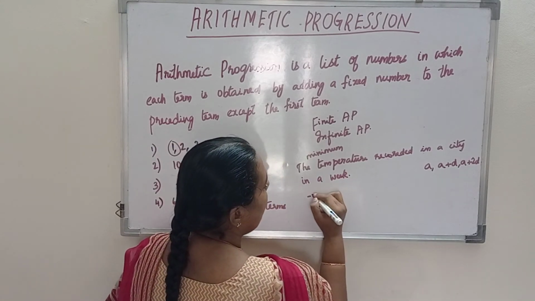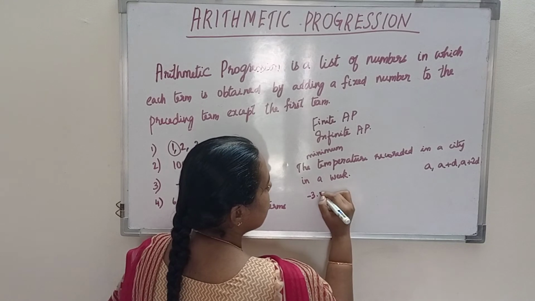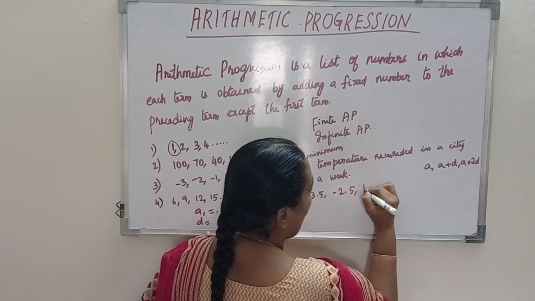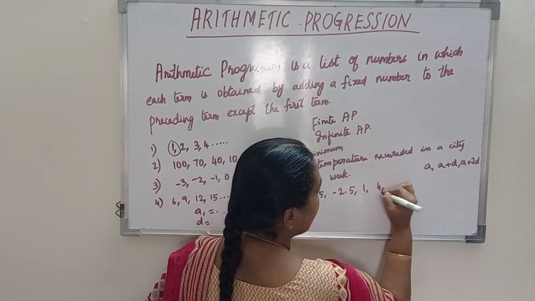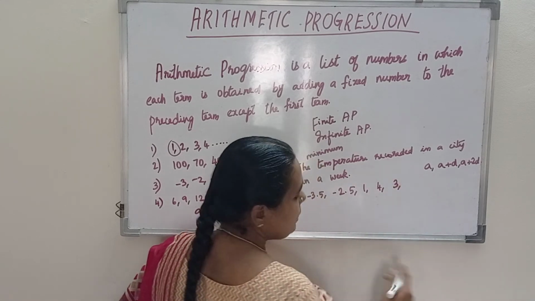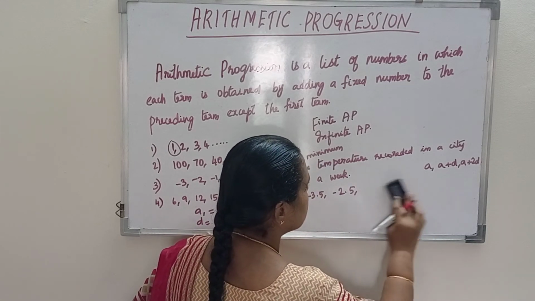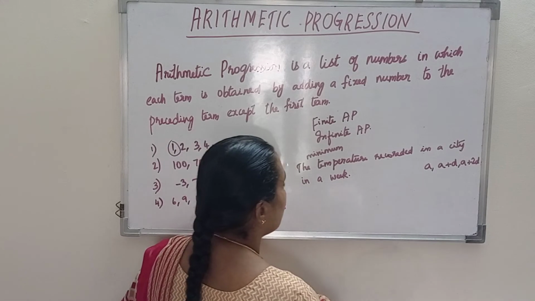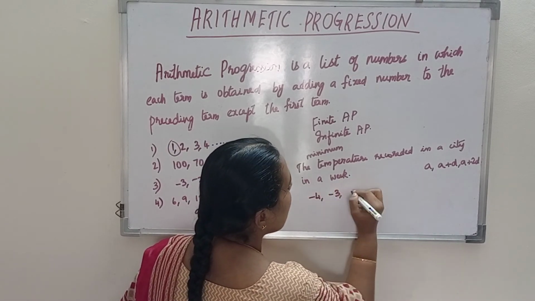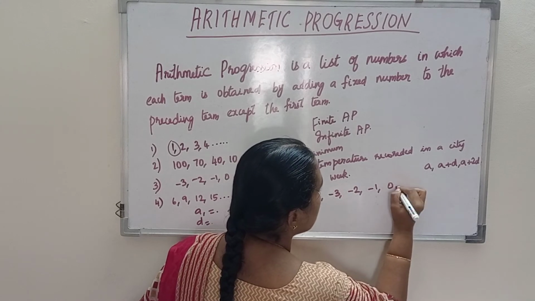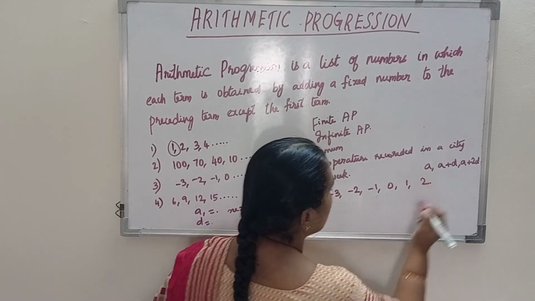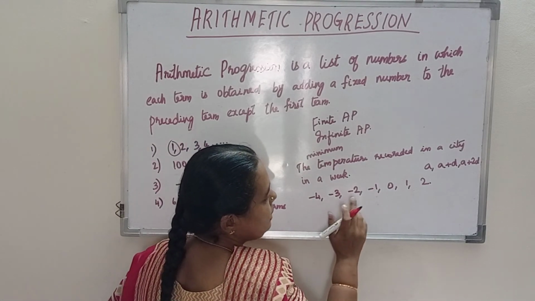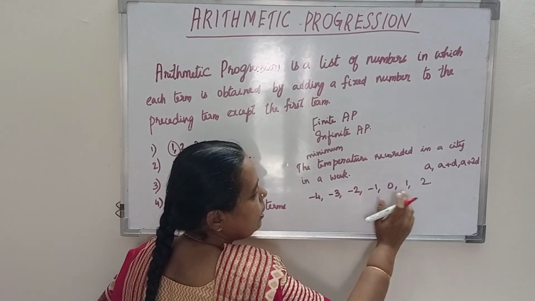See, suppose minus 4, minus 3, minus 2, minus 1, 0, 1 and 2. These are the minimum temperatures recorded in a city. Minus 4 degree Celsius, minus 3 degree Celsius, minus 2 degree Celsius, minus 1 degree Celsius, 0, 1, 2.